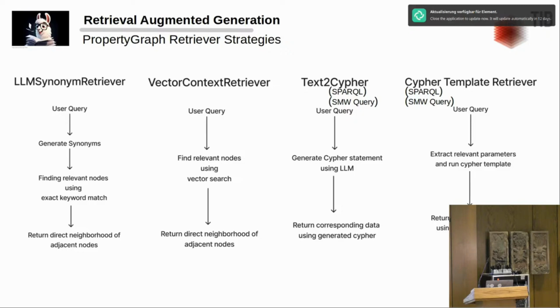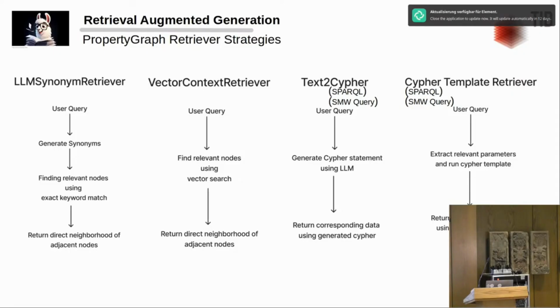Or we could also use a vector context retriever, so like translating our items and properties from Wikibase into a vector space, and then using the query to identify the most relevant nodes.